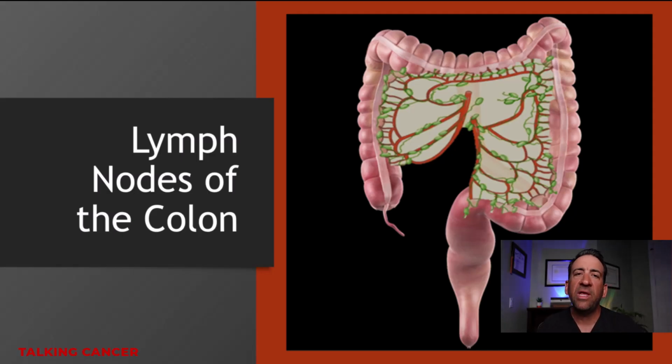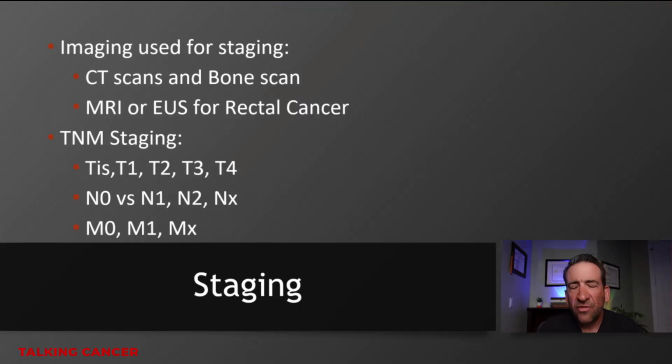And this is important because colon cancer usually starts in a polyp. That polyp grows, it starts invading into the colon, and then it spreads to lymph nodes. And that's very important because when you have surgery, we evaluate these lymph nodes, and that also has very important therapeutic and prognostic information.